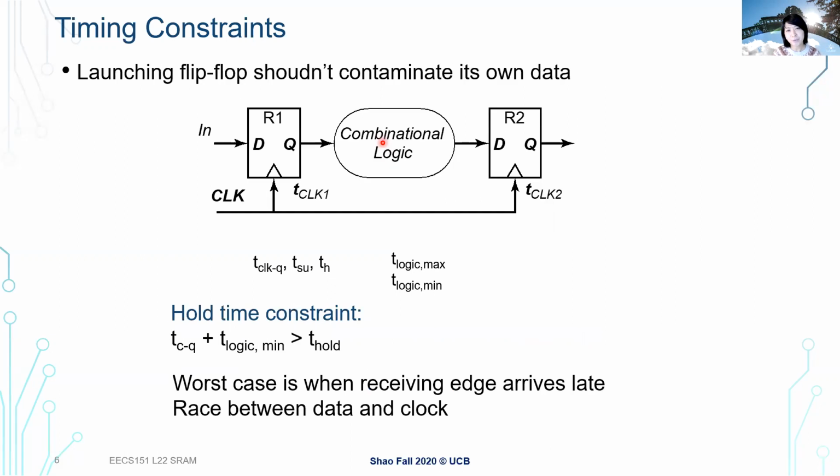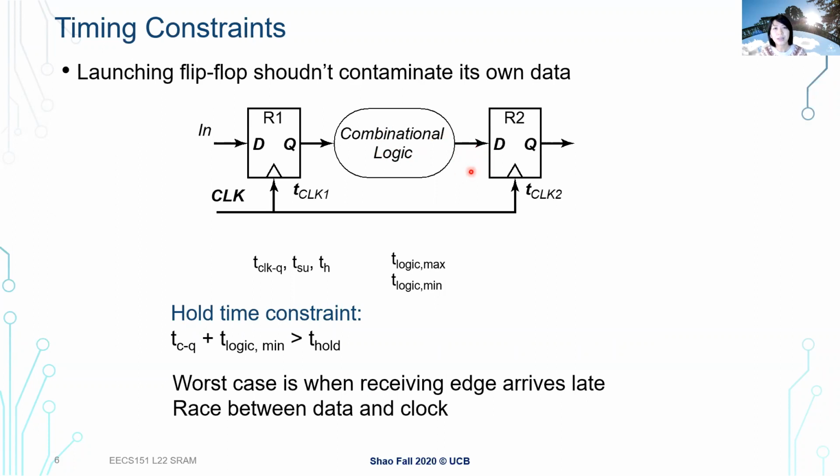But hold time violation is a lot more critical, in the sense that a lot of times there's not much you can do unless you change your circuit, because everything is baked into your circuit. This is really about how much logic you have in your circuit to make sure the signal propagates long enough without overwriting the previous data.